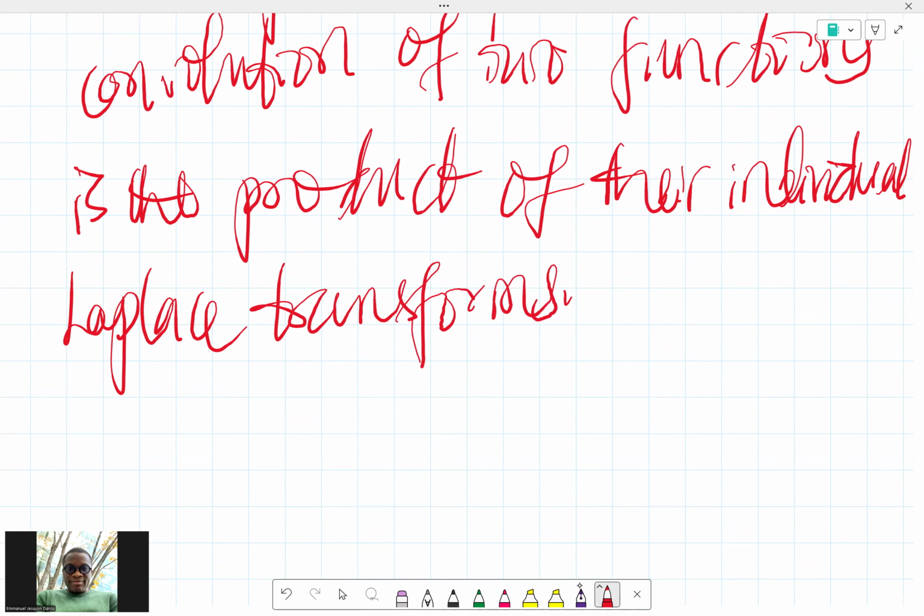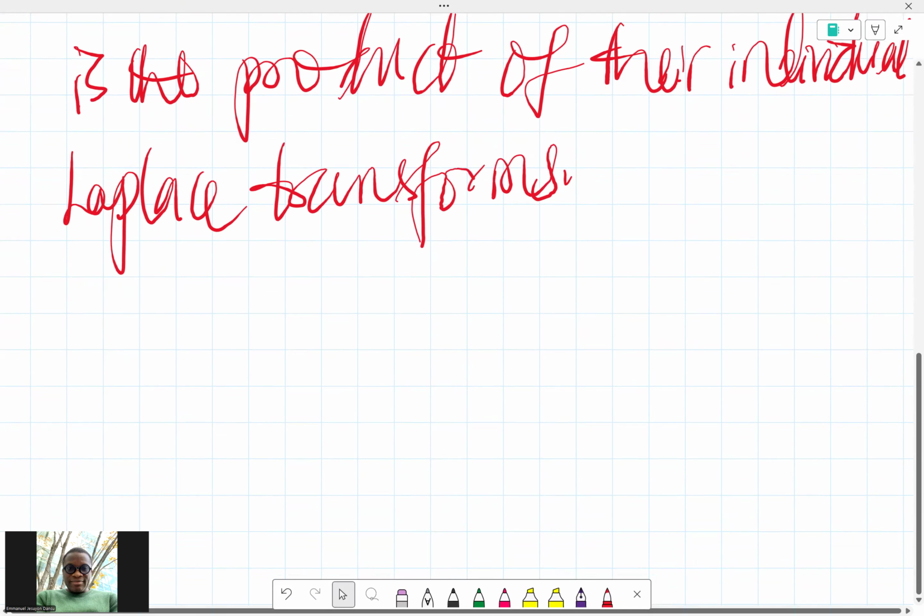In short, if you want to take the Laplace of a convolution of two functions, you just find the Laplace of each function and multiply them together. Basically, that's what this is talking about.